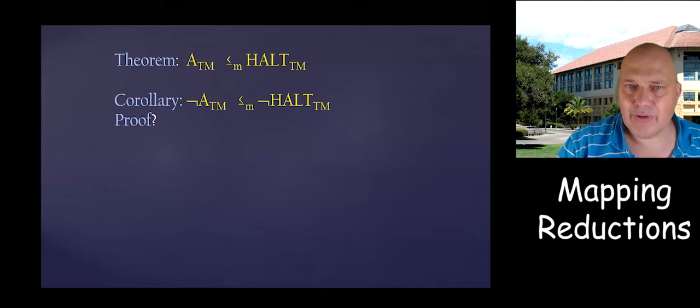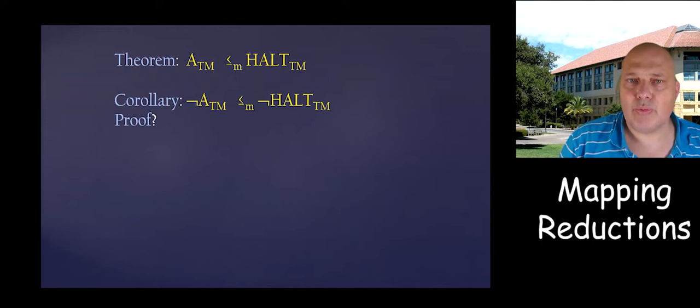Try to think about it for a minute. Well, it is true because any mapping reduction from A to B is also a mapping reduction from not A to not B. You can try to convince yourself. The same mapping reduction from ATM to Haltm is also a mapping reduction from not ATM to not Haltm.